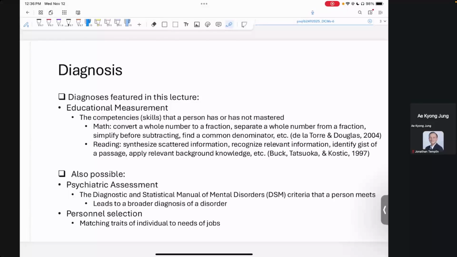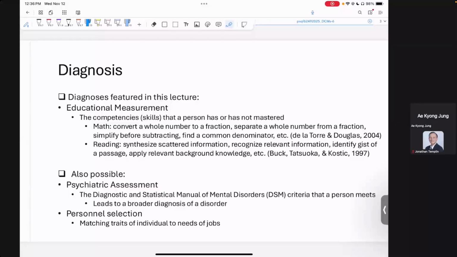For example, in the math test, we want to specify latent traits specifically, not just a math ability. For example, we can say convert a whole number to a fraction, or separate a whole number from a fraction, and simplify before subtracting. We can specify these kinds of multiple latent traits in the DCM.